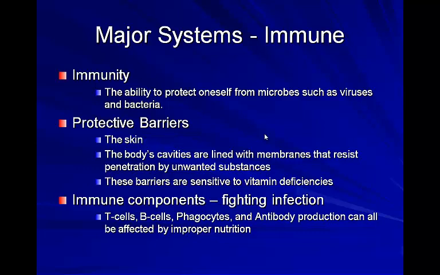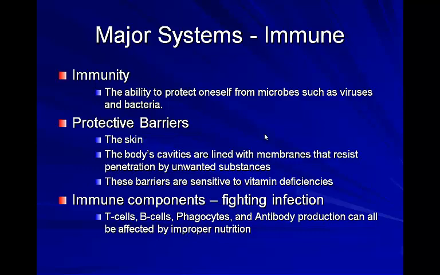And really, our first line of defense is by far the most important. If you've ever seen or heard of somebody who has a severe burn on their body and they lose that skin barrier, they're much more prone to getting infections. Many people who have severe burns often die of infection. So we really rely on those protective barriers. And a lot of those barriers are very sensitive to vitamin deficiencies.